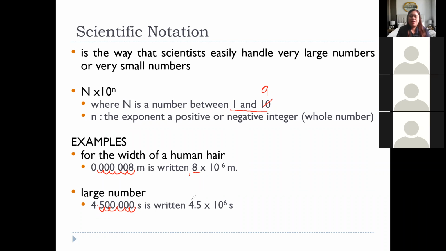So this becomes now 4.5 times 10. And how many times did we move? 1, 2, 3, 4, 5, 6. So this is 6 here. 4,500,000 seconds. Now, why is it positive? The movement is going to the right. Sorry, to the left.